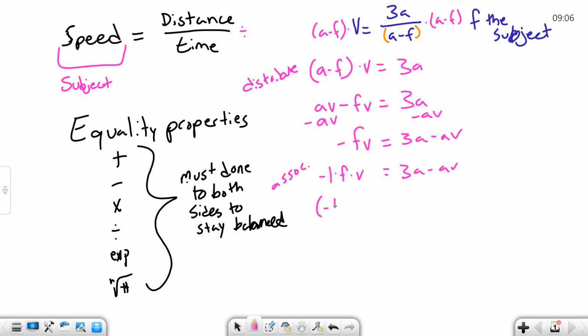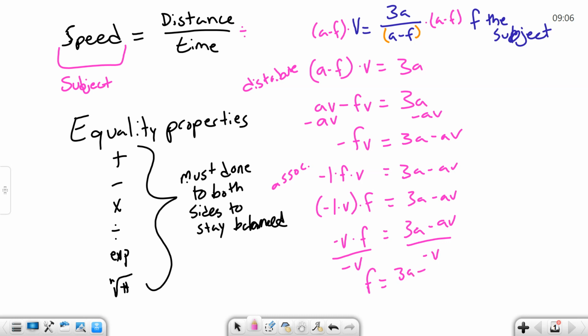So we're going to put negative 1 times v times f. The reason that I do that is because we get negative v times f, and I can just divide by negative v. So f is the subject, and it is equal to 3a minus av divided by negative v.